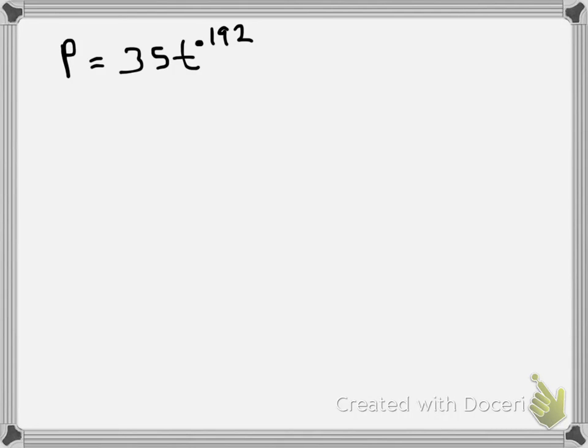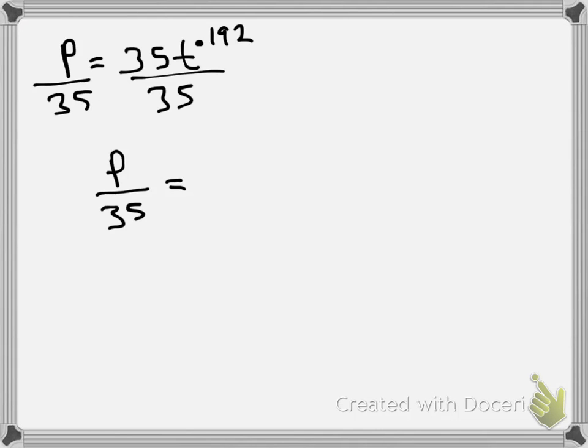In order to do that, we need to get the t all by itself. So first off, we're going to divide both sides by 35. And then you get P over 35 is equal to t to the 0.192. And after that, you can take the root of 0.192, or you can take the reciprocal of that.